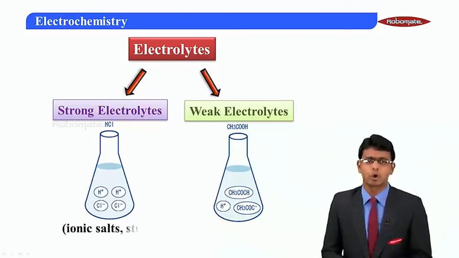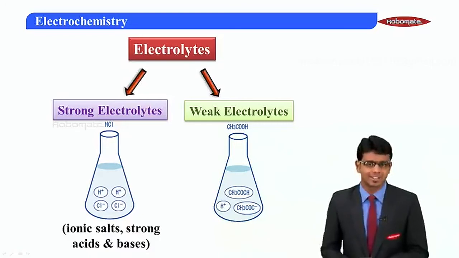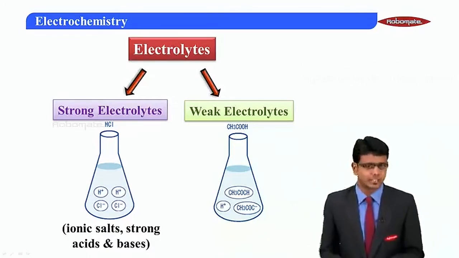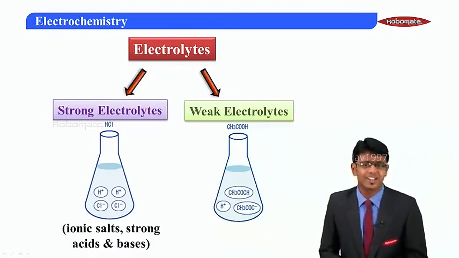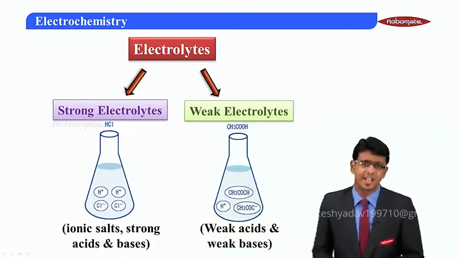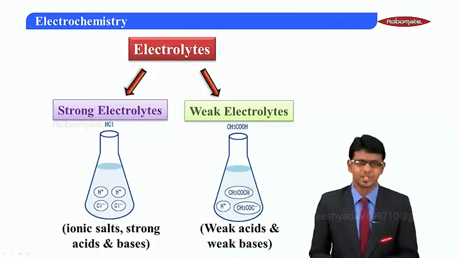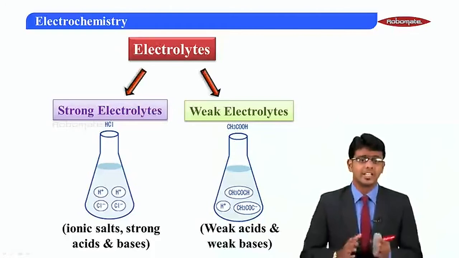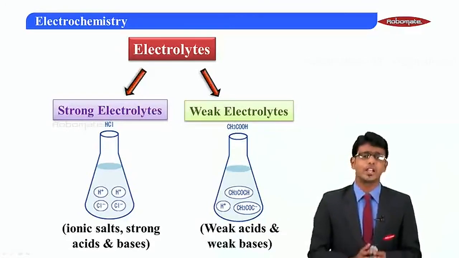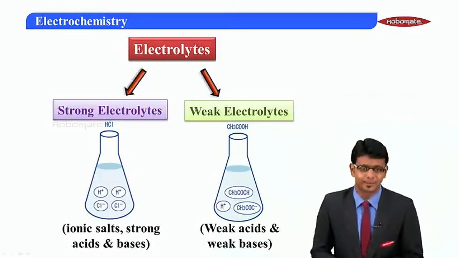Examples of strong electrolytes are ionic salts, strong acids and bases. For weak electrolytes, it is weak acids and weak bases. I hope you have got a clear understanding of electrolytic conductors as well.